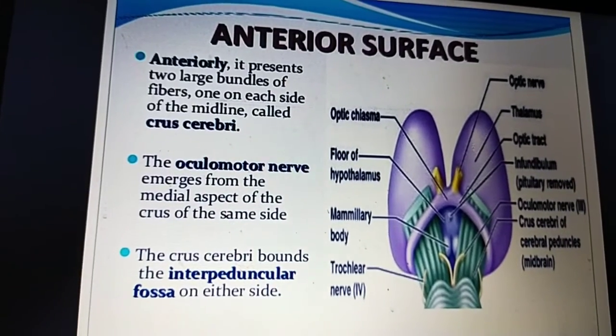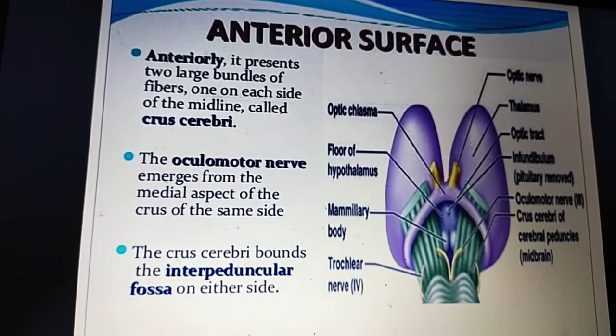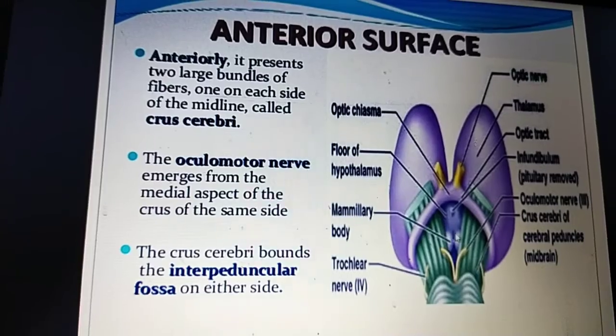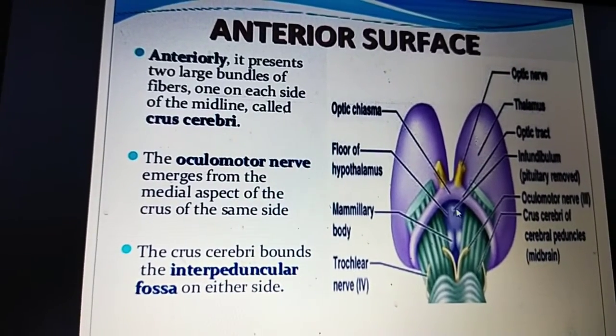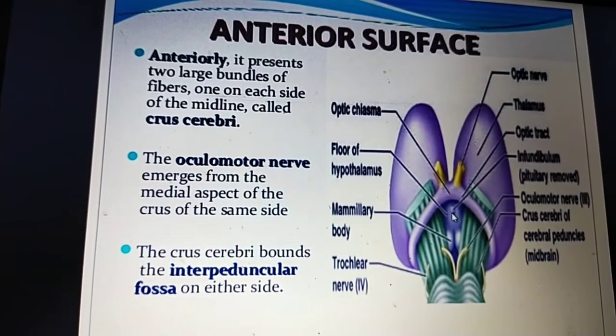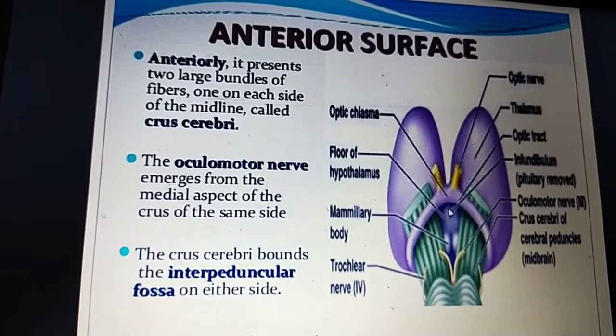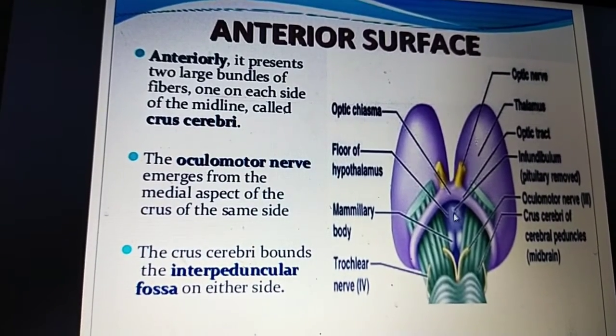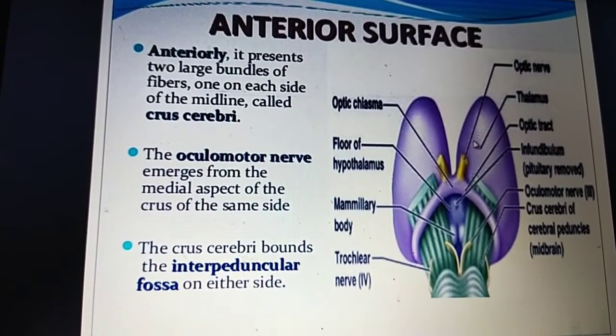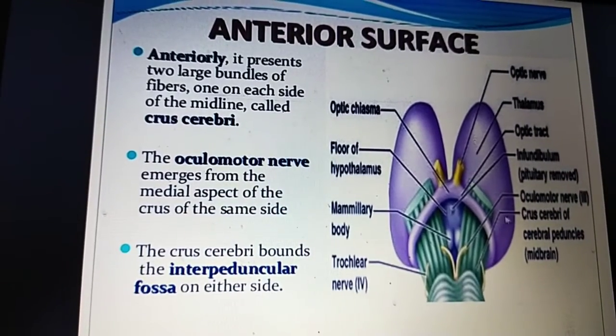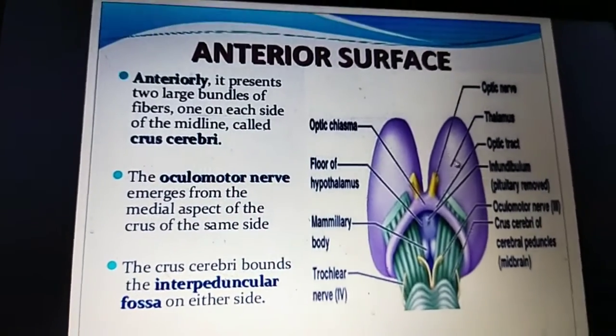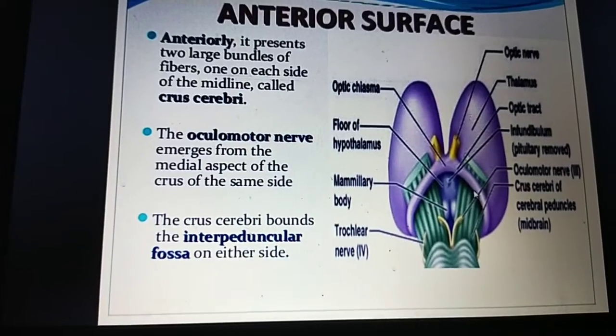This is the floor of the hypothalamus, and this is the infundibulum of the pituitary. And this is the thalamus. Thalamus, hypothalamus, midbrain.